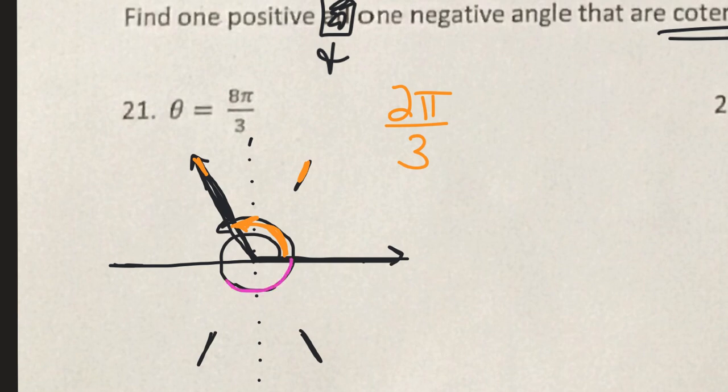What if we go this way? How many pi over 3's have I turned? Well, that's -1, -2, -3, -4 pi over 3. Okay, so these are called coterminal angles because they have the same beginning side and the same ending side. We just aren't going all the way around our unit circle.